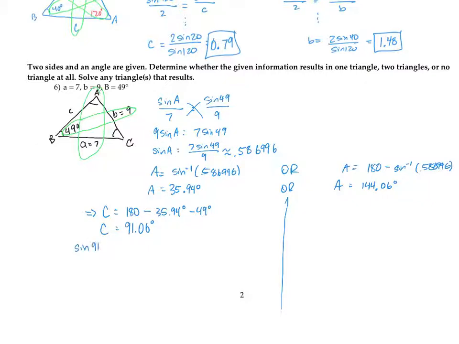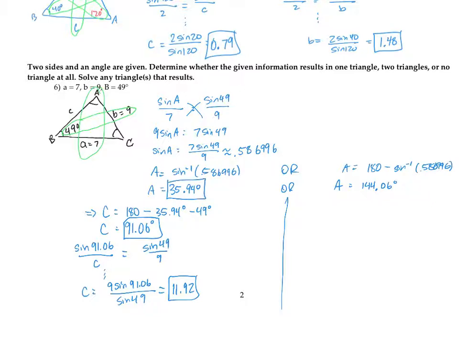Sine of that angle over little c would be sine of 49 over 9. Cross multiply and divide, you get that c is 9 sine of the angle divided by sine of 49. From my calculator, I get that that's 11.92 units. Okay, so I have solved and obtained one triangle that I know satisfies the problem.